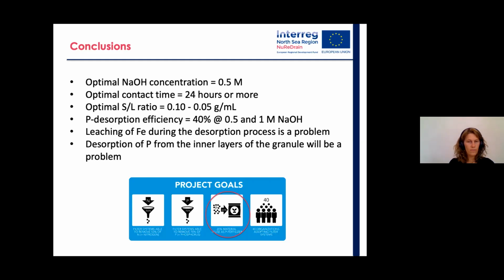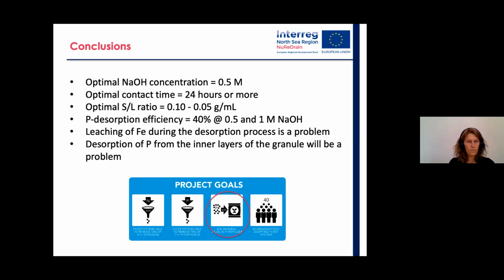But when the phosphorus is at the outer layer of the granule, at the surface of the granule, which we saw in the experiments with the short contact time, I suppose then we get higher desorption efficiencies also.